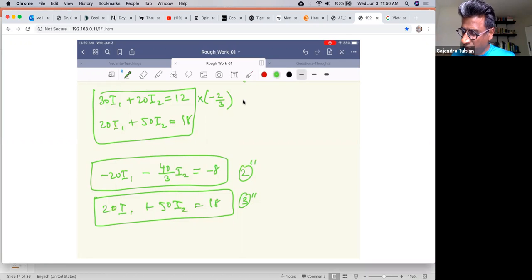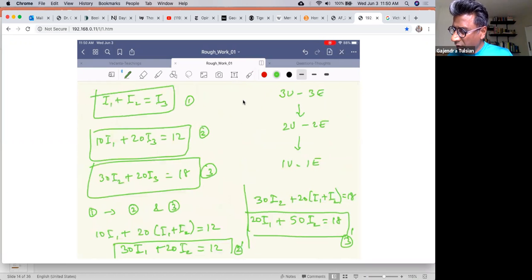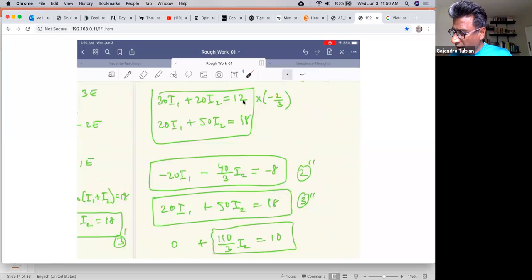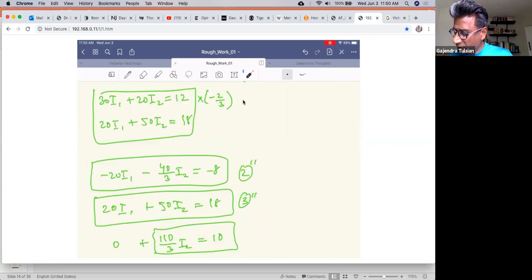So let's add the two equations, and what you get is 0 plus this is 110 by 3 I2 equal to 10. Okay. So there you go. This is one equation with one unknown, which is that step. Okay. And now this, even I can solve.